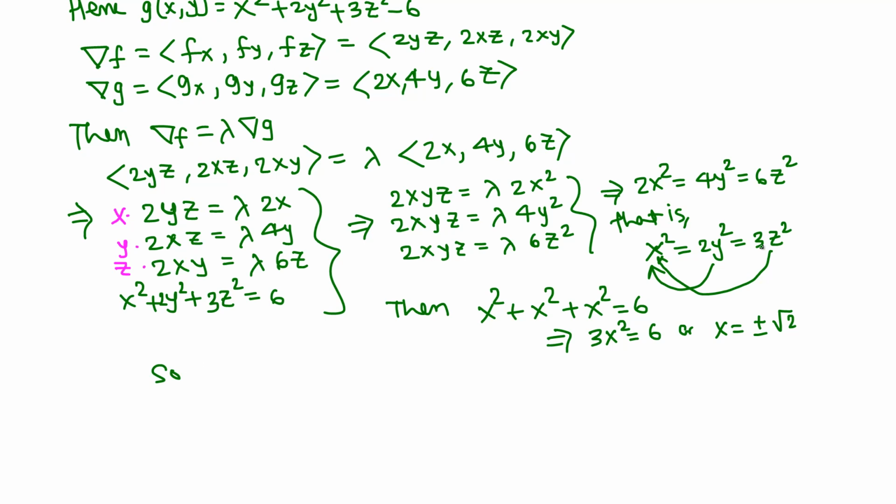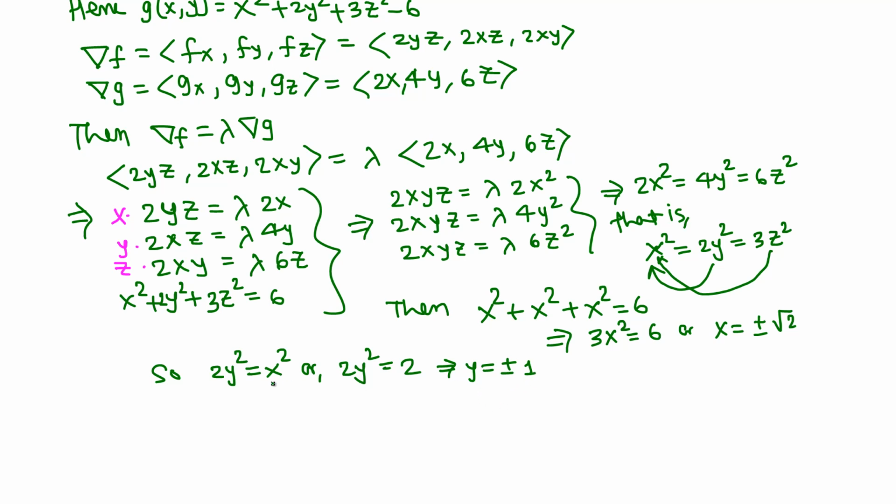So we got here 2y squared equals x squared, or 2y squared equals 2, because x squared would always be positive, just 2, and divide by 2, we get y squared equals 1. So y squared equals 1, take a square root, plus minus 1.